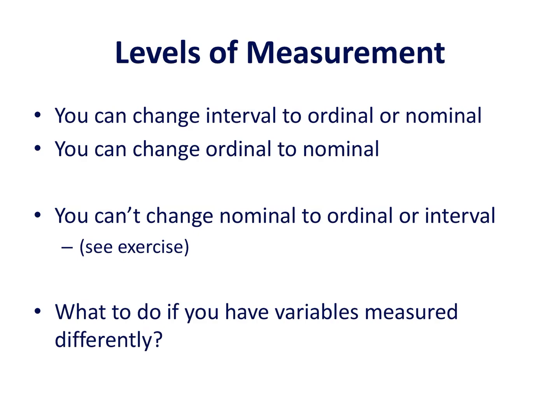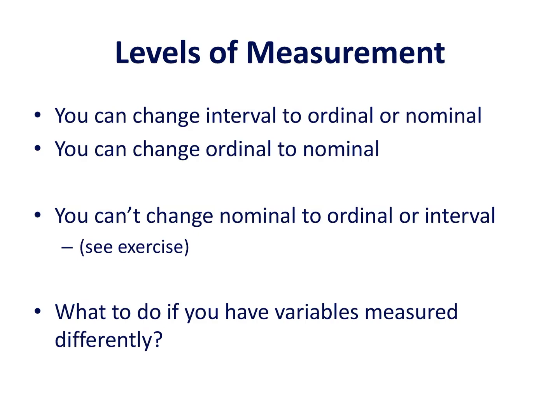This is an interesting question. What do you do if you've got two variables that are measured differently? So let's imagine you've got two covariables, covariable 1 and covariable 2. And let's imagine that one of them is measured on an interval scale and one of them is measured on an ordinal scale. So perhaps let's go with temperature.